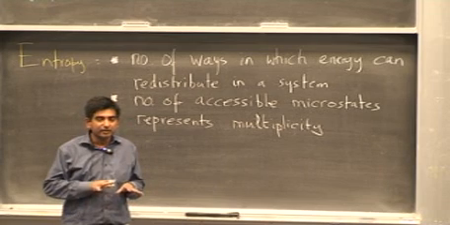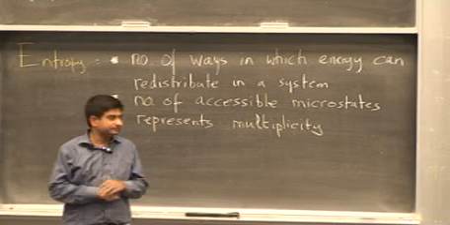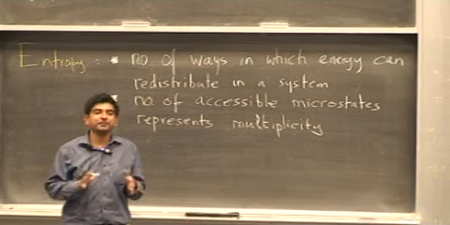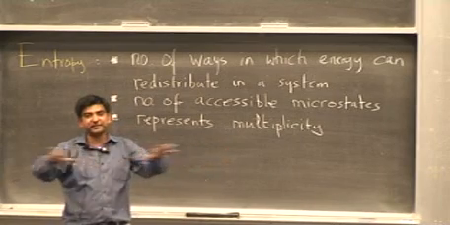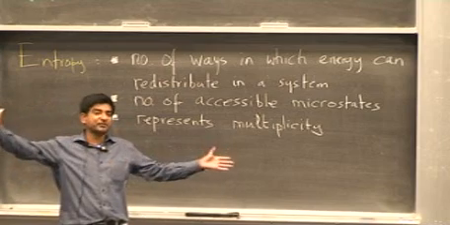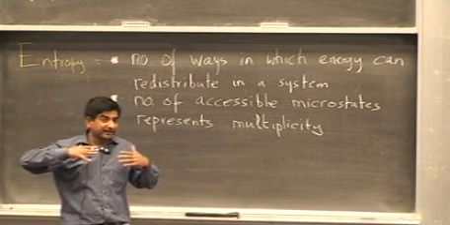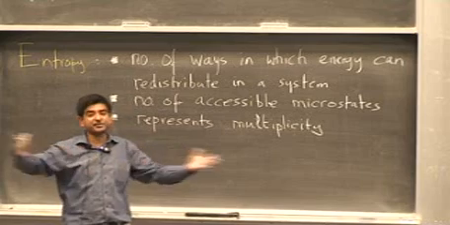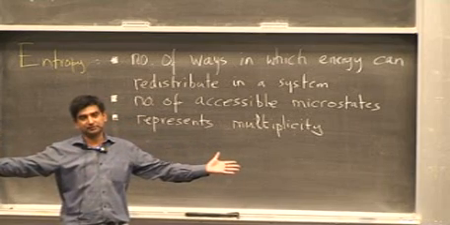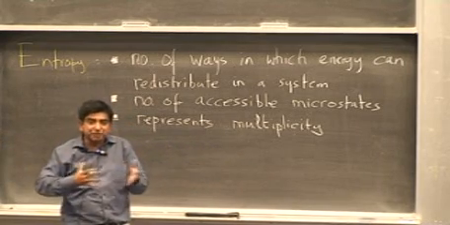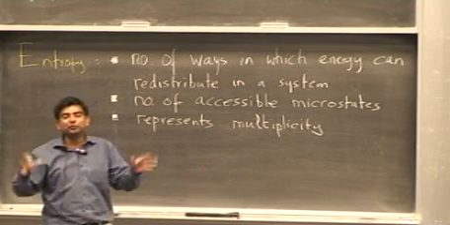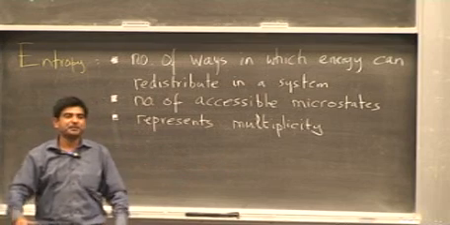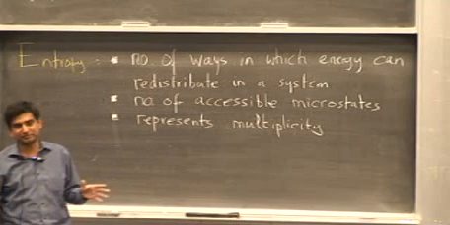It's the antonym of unity. Unity means wahdat, multiplicity means kasrat. There's large number of states available, and if there are large number of states available, then the energy is large enough, it can redistribute in all of those states. So entropy is a measure of this multiplicity, and loosely, very loosely, people call it the degree of disorder.